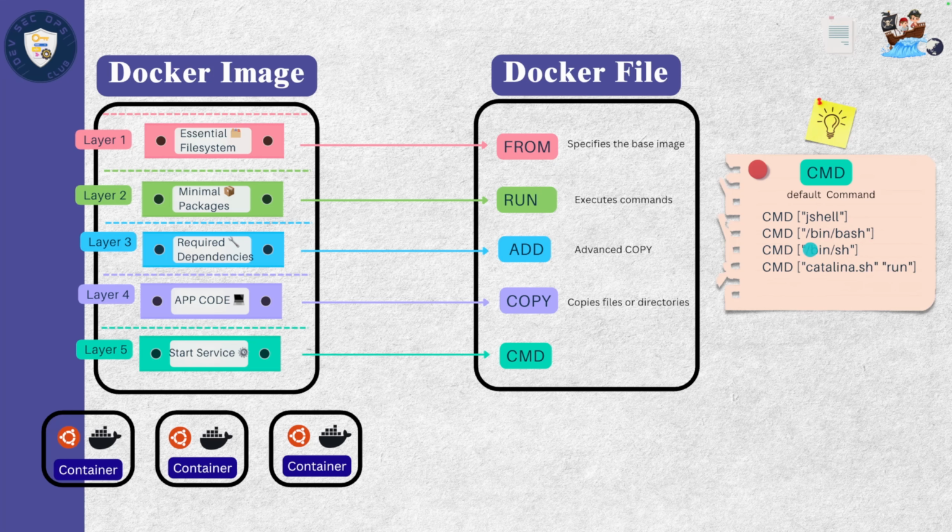This is the CMD instruction, the default command, or what you want your container to perform. The simple concept is, if you are creating your own customized Tomcat server image, at the end, as we already saw, you have to run the service the container is meant for. That's how we define it in the CMD instruction.